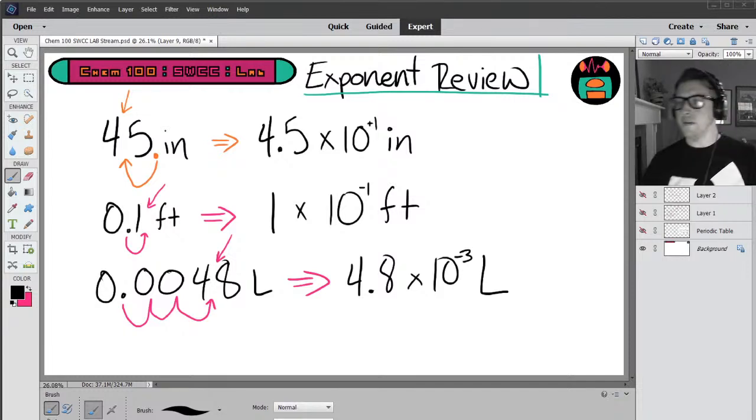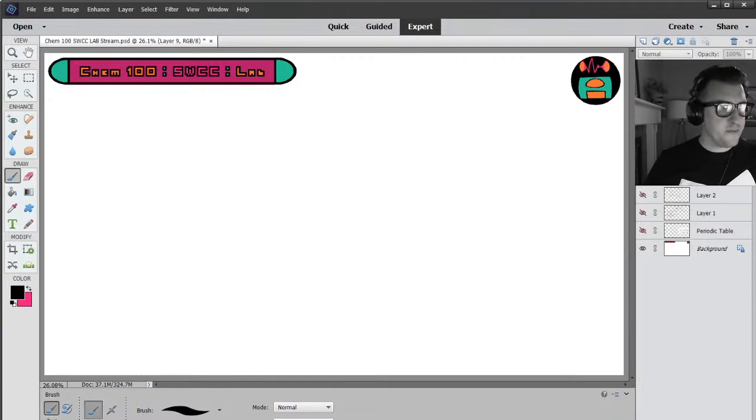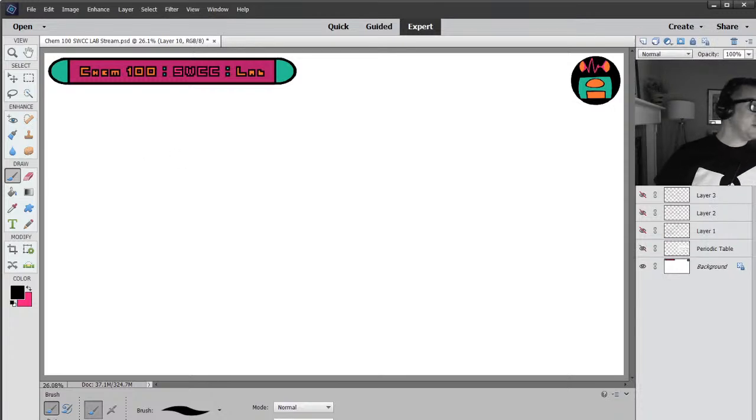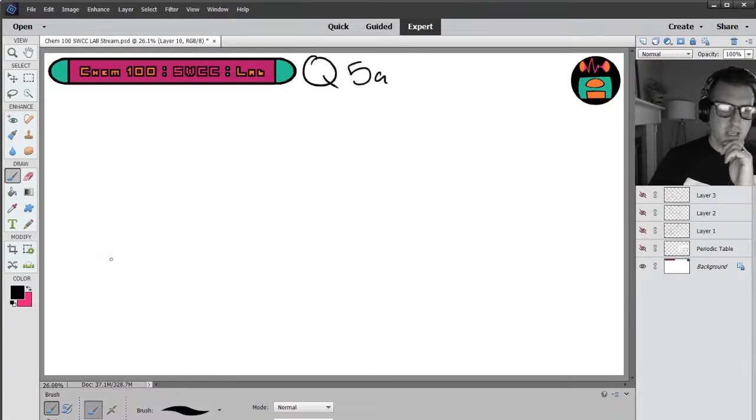Okay, solid. Honestly, number 5 is a little bit on the tricky side. So here's an example that's similar to 5A. I'm going to change the numbers.